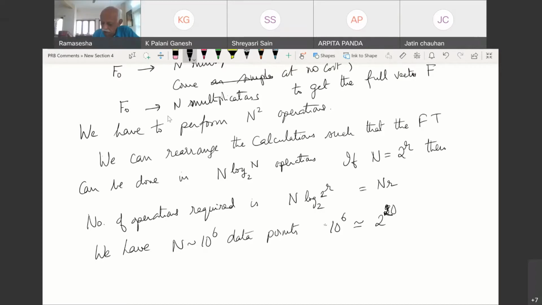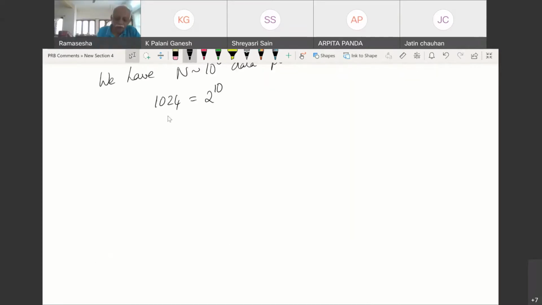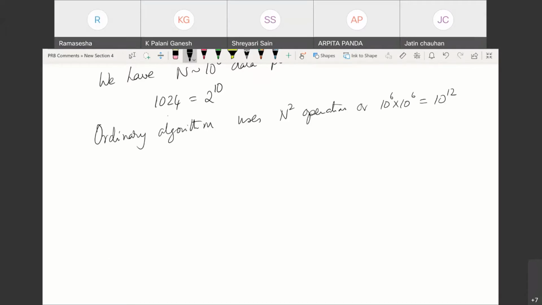Okay, now let's see: the slow transform uses n squared operations, or 10 to the power 6 squared, which is 10 to the power 12. That's 1 giga operations, okay, 10 to the power 12 operations.